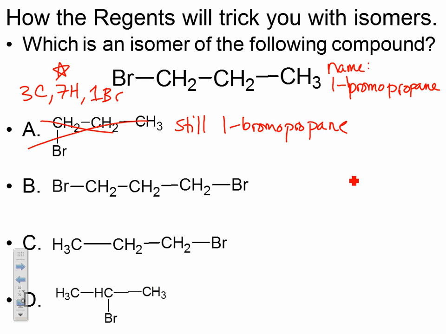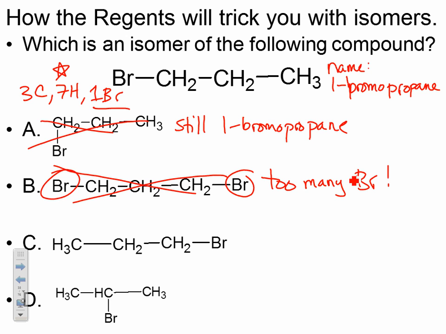The next one is not going to be an isomer because there are too many bromines. This compound contains 2 bromine atoms. We are only allowed to have 1 bromine atom. So it does not have the same number of atoms, and that is not an isomer. Choice C is really the one that's going to, I think, trick you the most, because you look at it and you say it has the exact same number of atoms, and the bromine is on a different side of the compound.